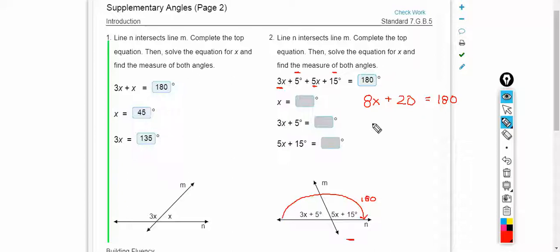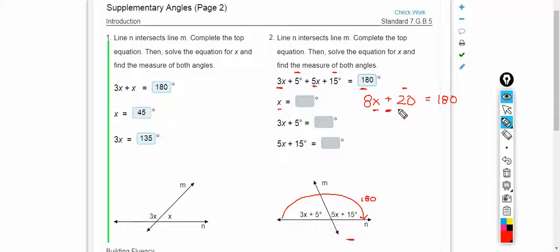Okay, so we want to know what x is. To find out what x is, we've got to get rid of this 20, and we've got to get rid of this 8. Let's start with the 20, because the 20 is add 20. So we're going to do the opposite, the reverse of it, which is minus.